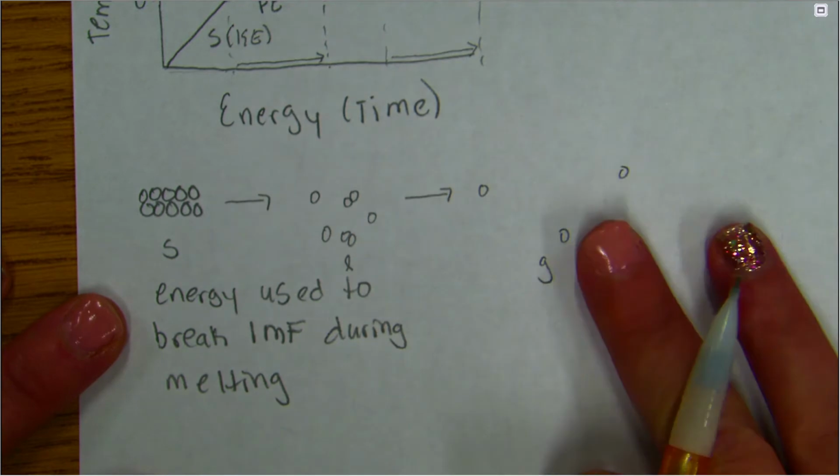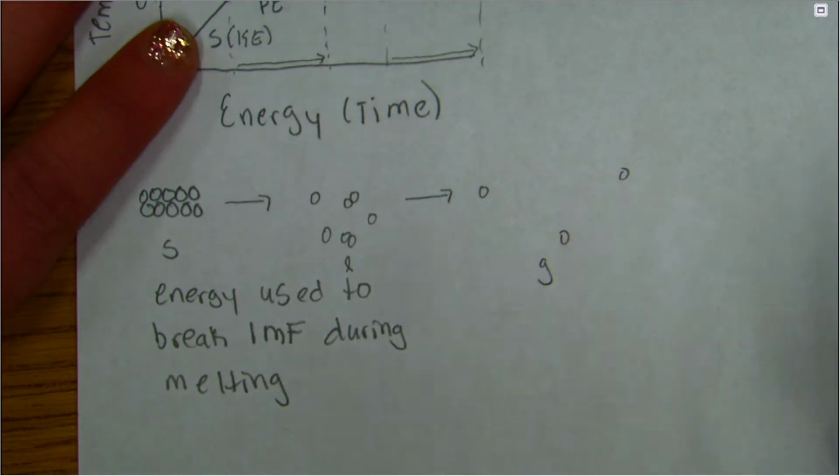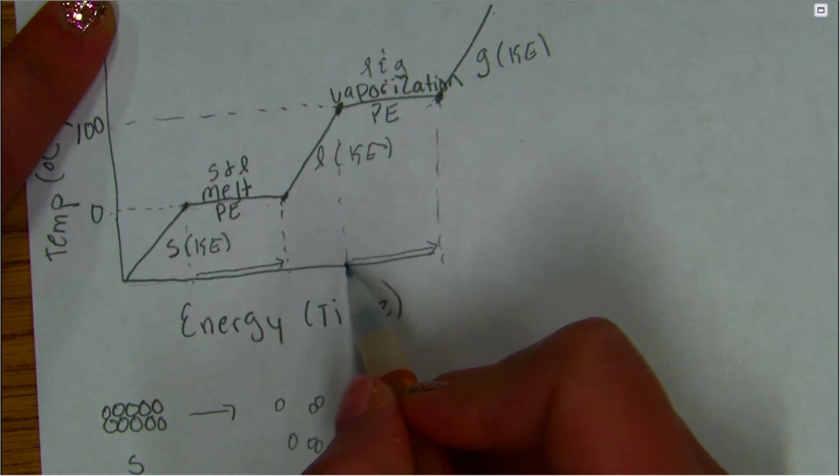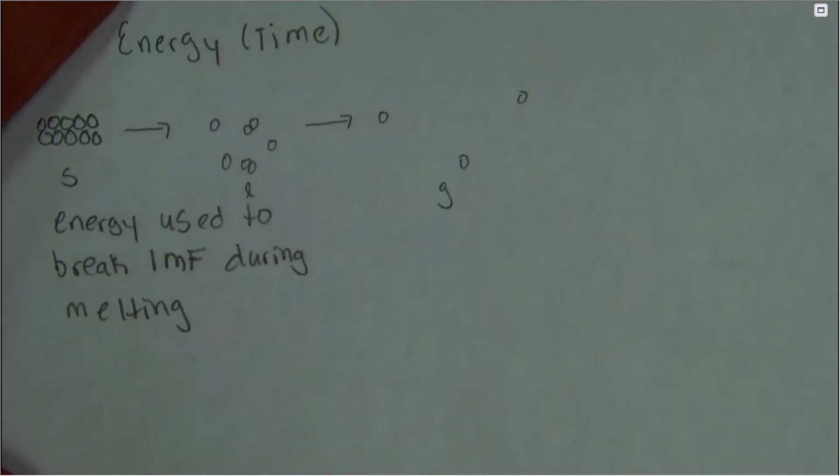However, in a gas, all intermolecular forces have been broken. So when I vaporize something, my temperature remains the same, but my energy increases. That energy is being used to break the remaining intermolecular forces during vaporization.